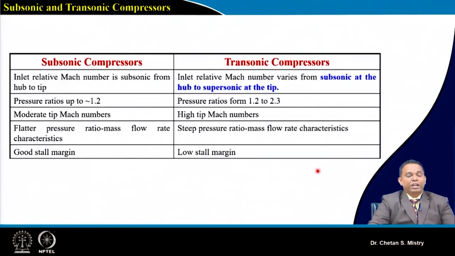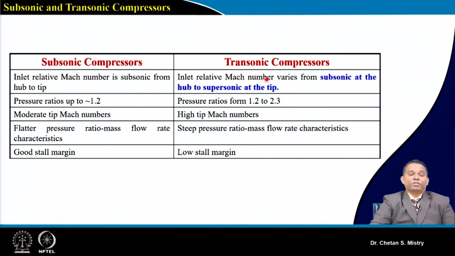Let's try to understand what we need to know for a subsonic compressor as well as a transonic compressor. My inlet relative Mach number is subsonic when we discuss a subsonic compressor. For a transonic compressor, the inlet relative Mach number varies from subsonic at the hub to supersonic near the tip region.